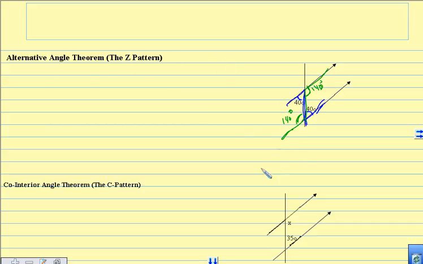Now, the co-interior angles, this one's called the C pattern as a hint. Basically what this one's going to look like is if I have a transversal right here cutting two parallel lines, now it's a C pattern.